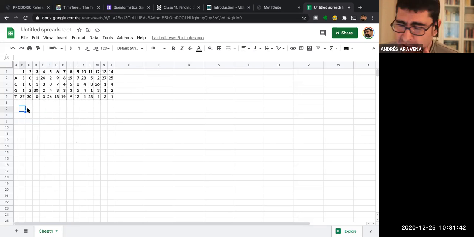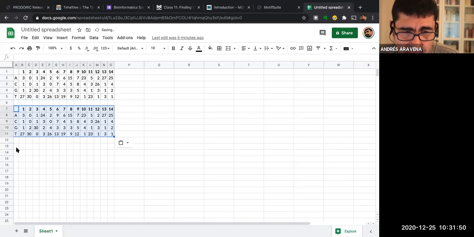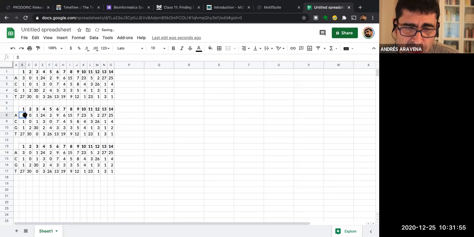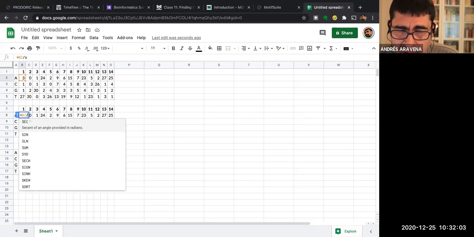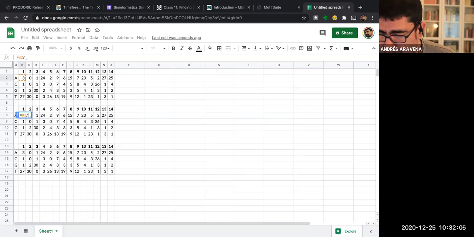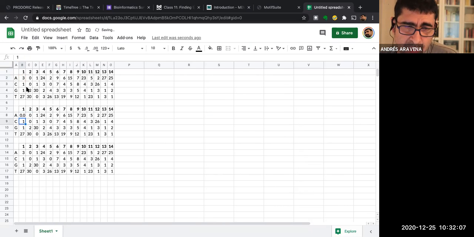An easy way is to copy this here and here, just to have the shape, and here I will change the formula. So this is going to be equal to this divided by the sum. In this case, I know that it's 32, so I'm going to be lazy. Not the best strategy, but we are short of time.